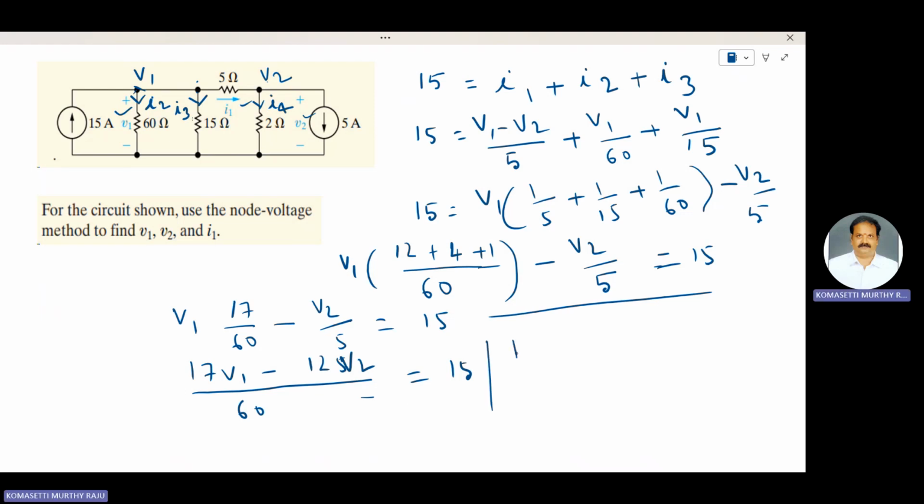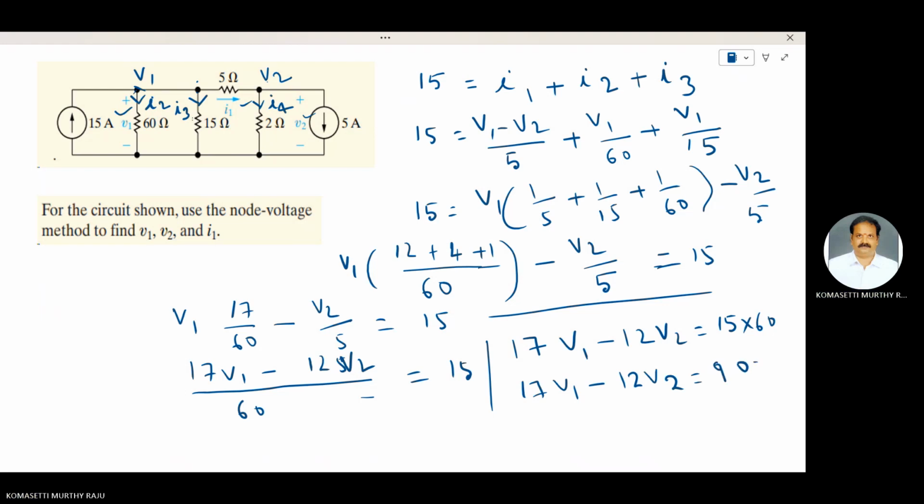Therefore, the equation is 17 V1 minus 12 V2 is equal to 900. This is equation 1.